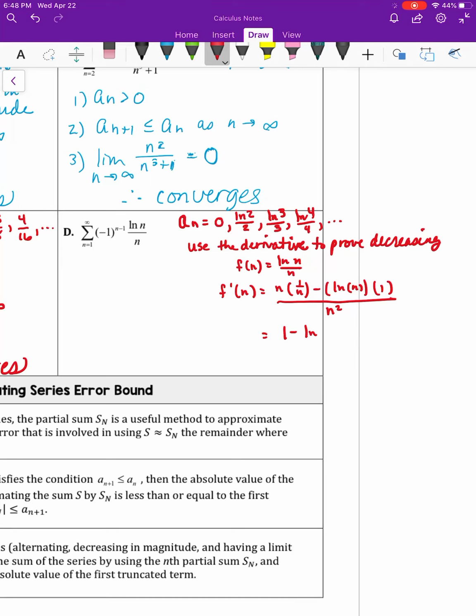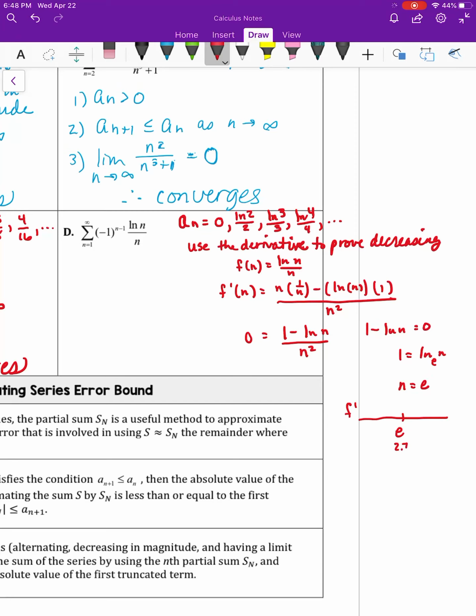So if I look at f of n as ln n over n, and I take the derivative of it, I have to use the quotient rule: low d high, minus high d low, over the square of what's below. I end up with 1 minus ln n over n squared.